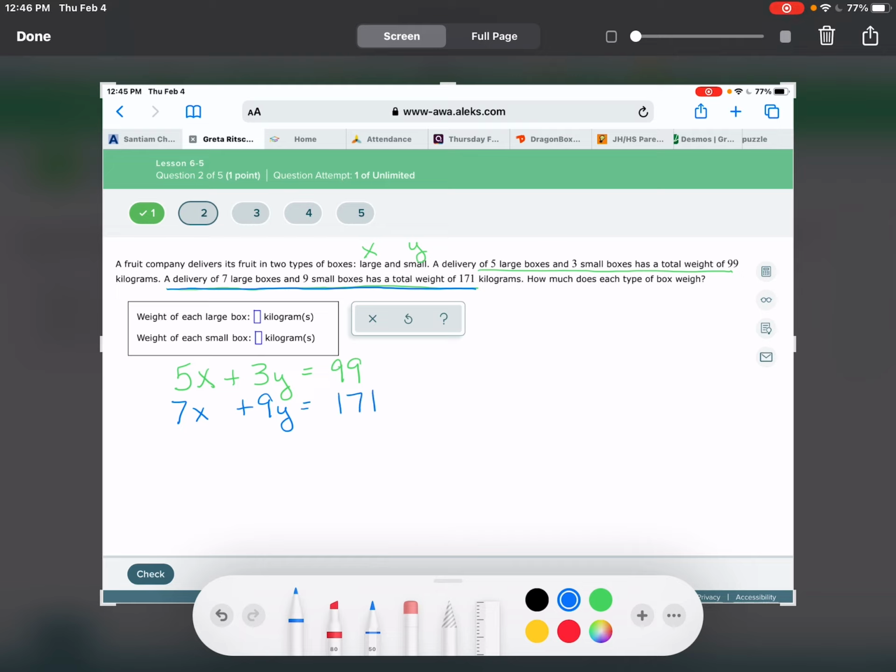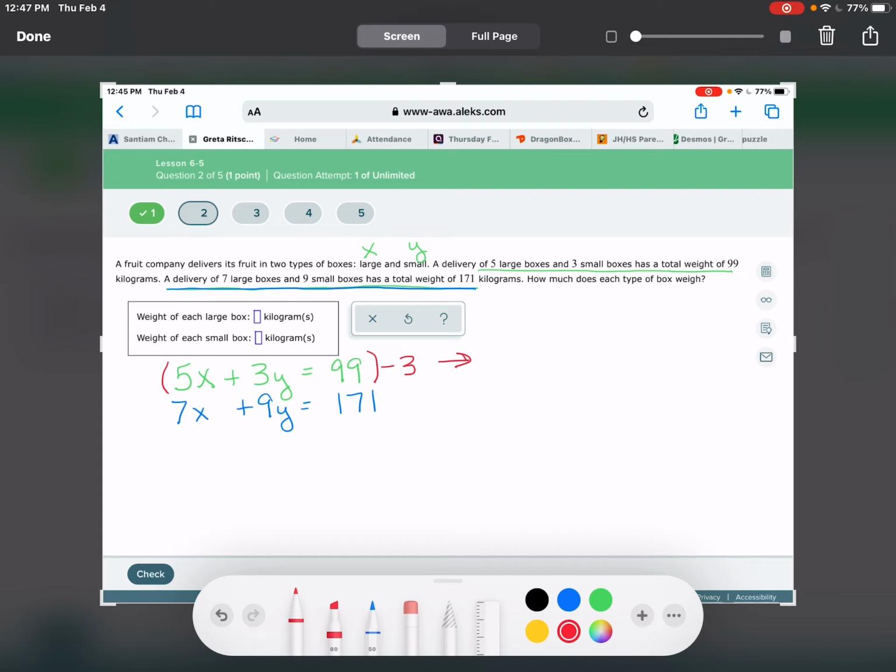All right, so now I have a system to solve, and I can choose any of my methods to use. So I think what I'm going to do, since this is in standard form like this and the x's are lined up and the y's are lined up, I'm going to multiply my top equation by -3 to make the y's cancel.